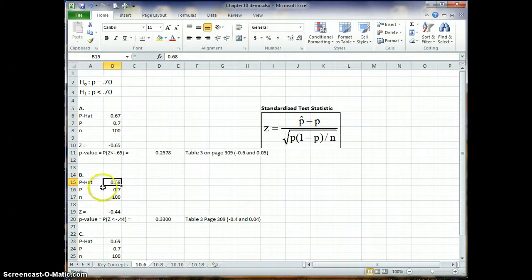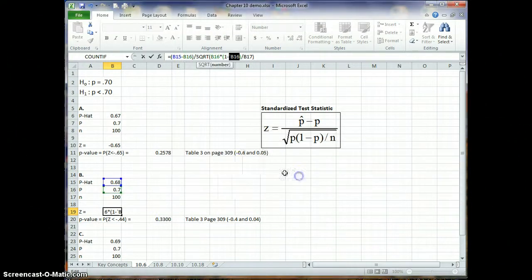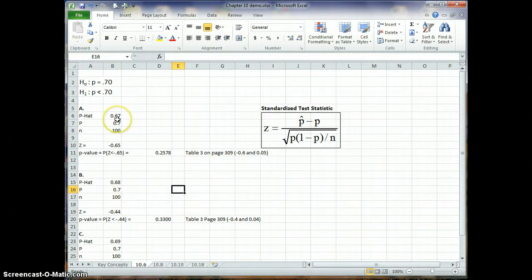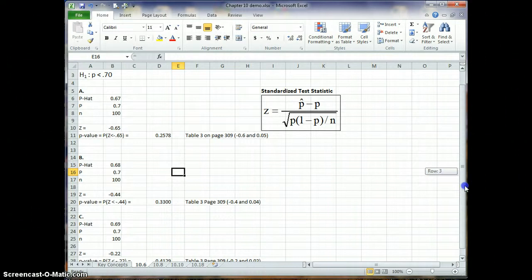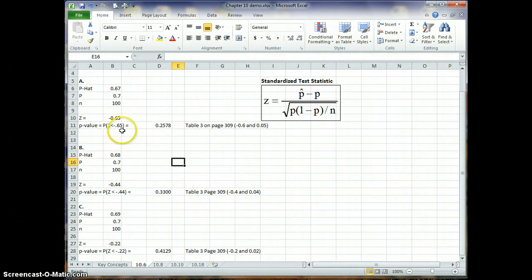So p hat is 0.68, the p-value is still 0.7, still the same n, and we got that same calculation, except in this case, when we went from 0.67 to 0.68, the p-value went from 0.25 to 0.33, or the z went from minus 0.65 to minus 0.44 to minus 0.22. So it keeps changing.